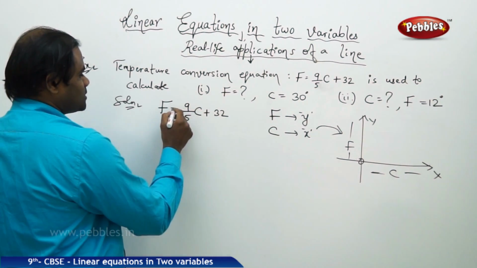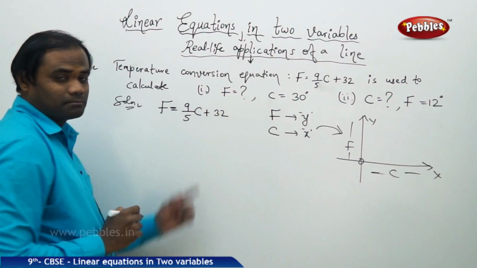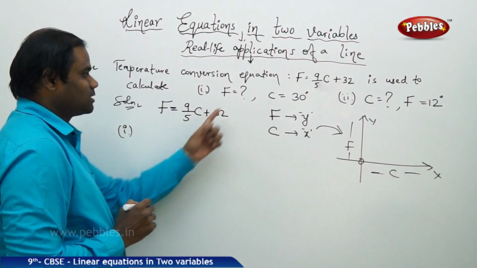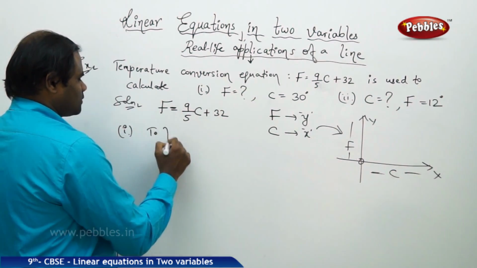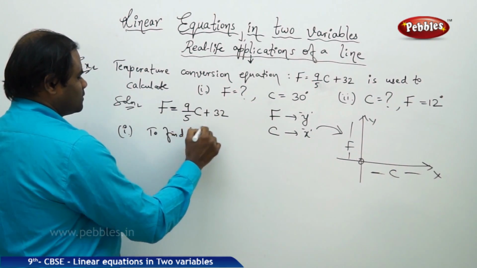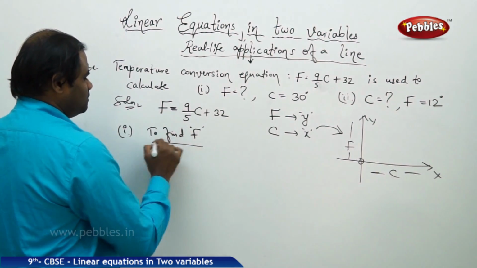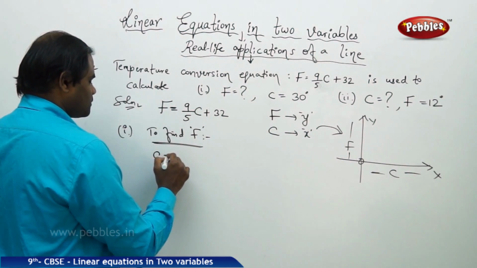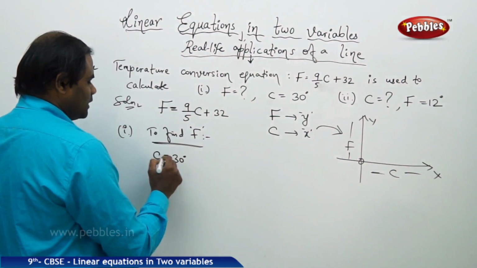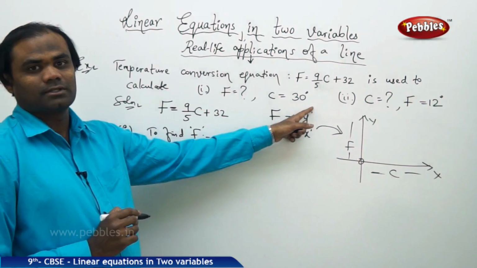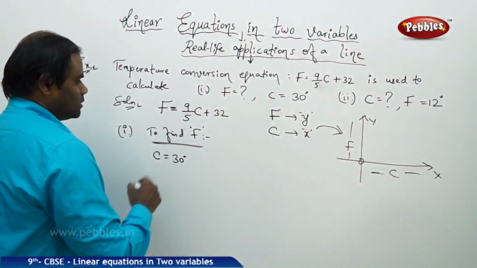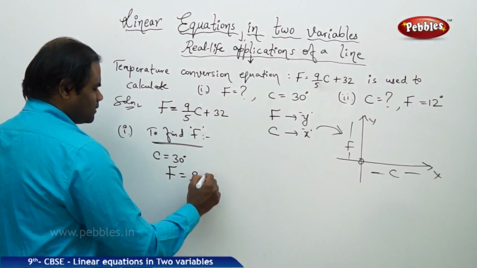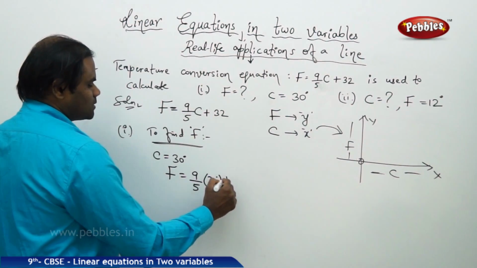The Fahrenheit is 9 by 5 C plus 32. My question 1 demands finding F when C is 30 degrees. The value of C is 30 degrees, which when substituted into the given equation, F equals 9 by 5 times C plus 32.